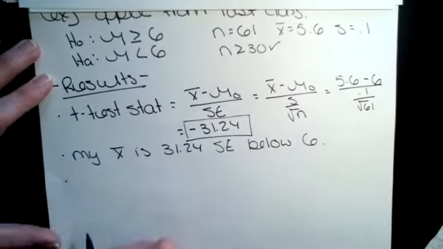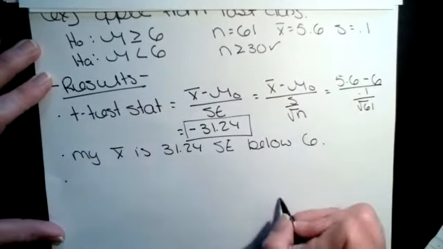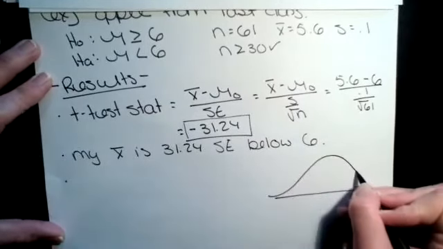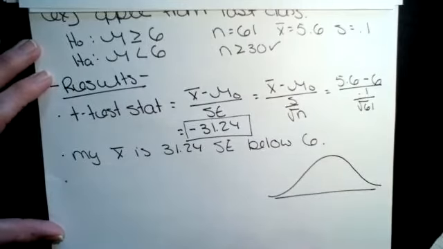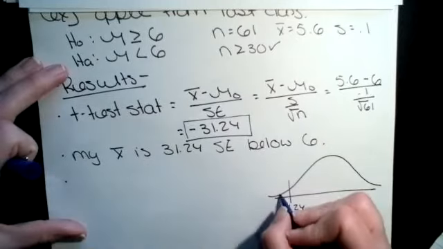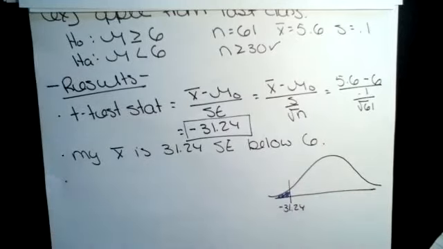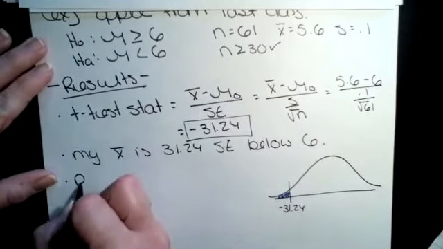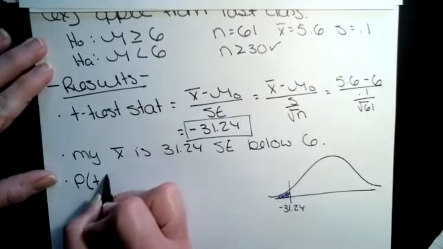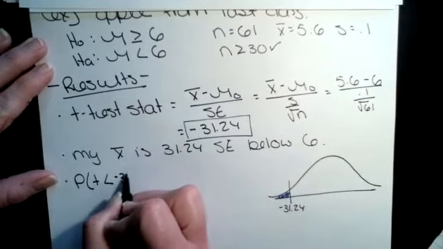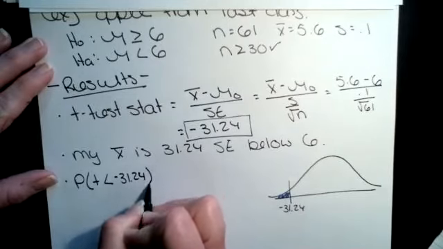Okay. Let's calculate that probability. If you want to take a look at a picture, you could do it first. Sometimes it's helpful for people. So I'm looking at negative 31.24, and I'm calculating this area down here on the left. So I'm looking at the probability that T is less than negative 31.24.